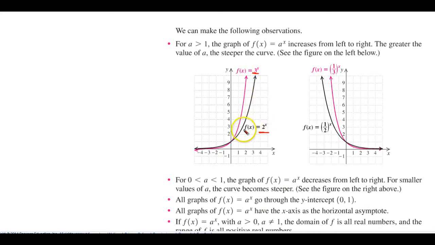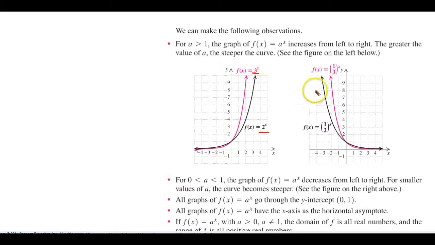Which one is increasing more? The larger base is increasing more. And that will be a trend. 4 will be in there, 5 will be in there, 6 will be closer to the y-axis.